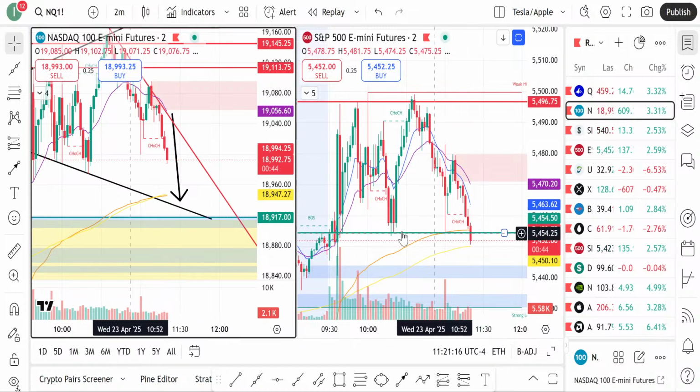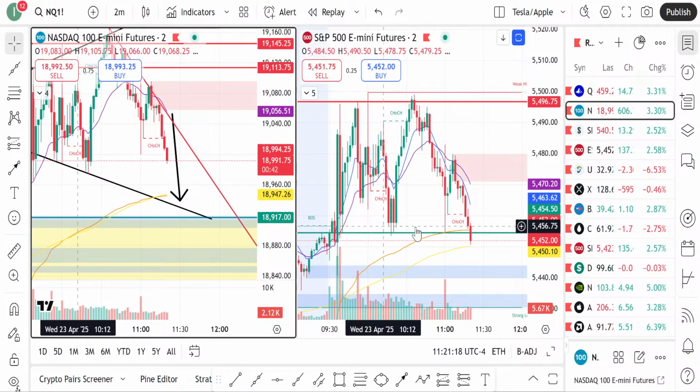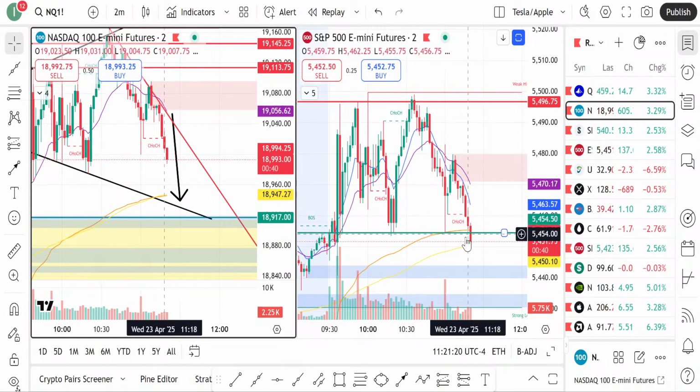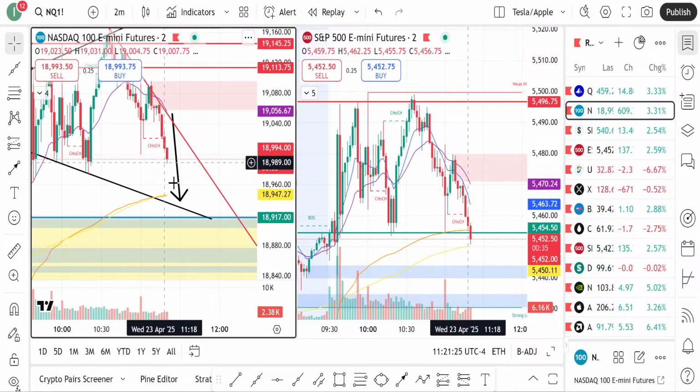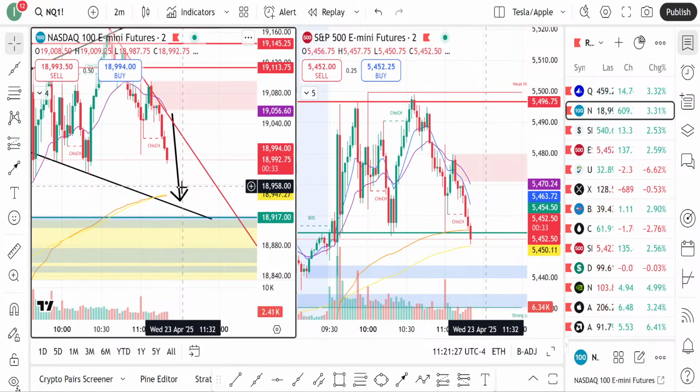Looks like SPY is breaking through this support zone right here, the S&P. So it's very likely that the Nasdaq will follow and also push lower here.